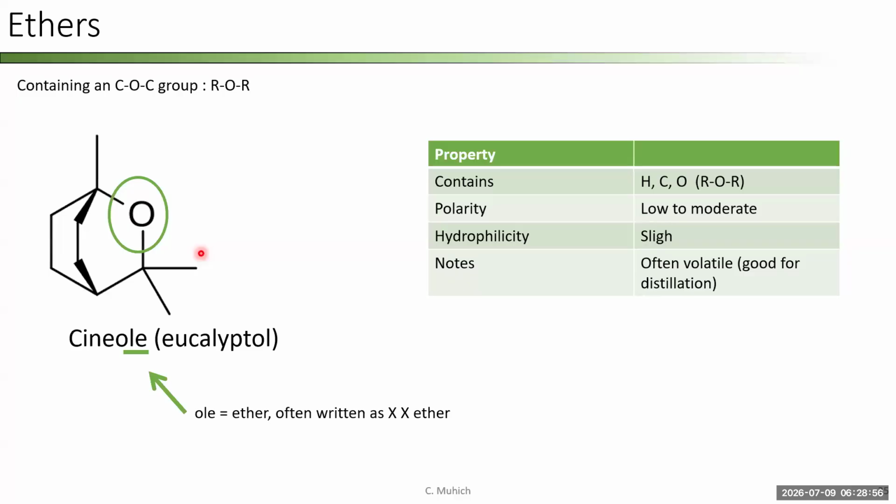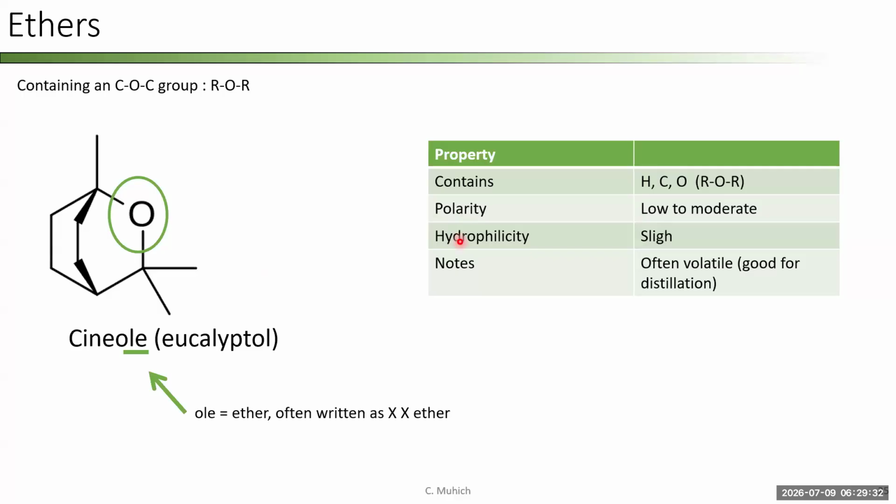Okay, so our next group is going to be ethers. These are groups which have an oxygen which connects two different carbons. So we have R, a single bond to an oxygen, which is single bonded to another functional group, and that functional group has to be a carbon. These are generally low polarity, only slightly hydrophilic.